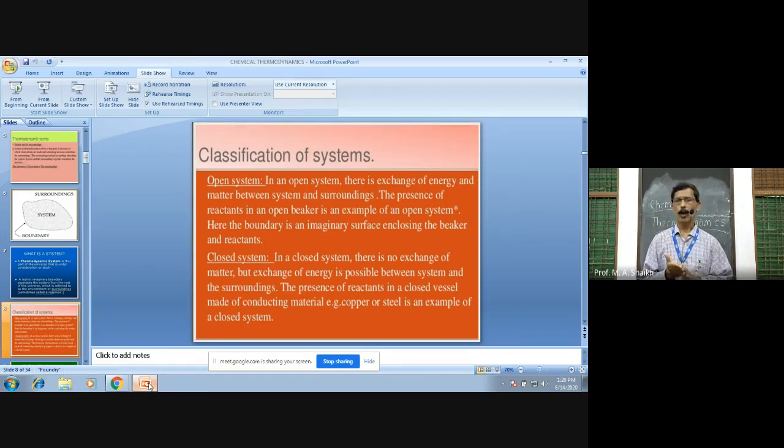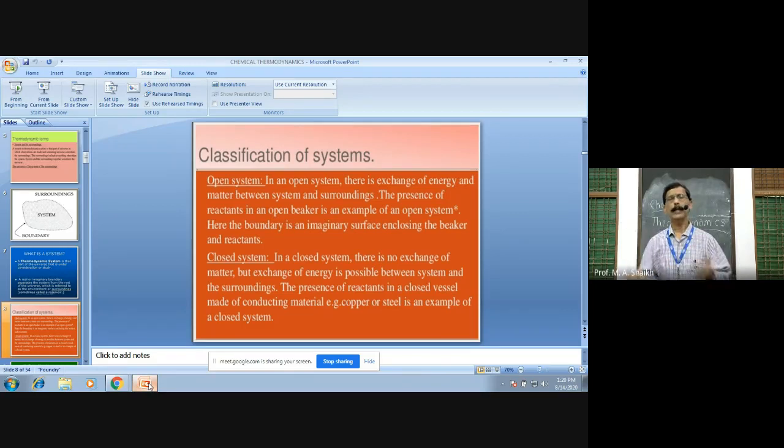Energy can go from system to surrounding or from surrounding to system. Similarly, in an open system, matter can go from system to surroundings and surroundings to system through the wall.